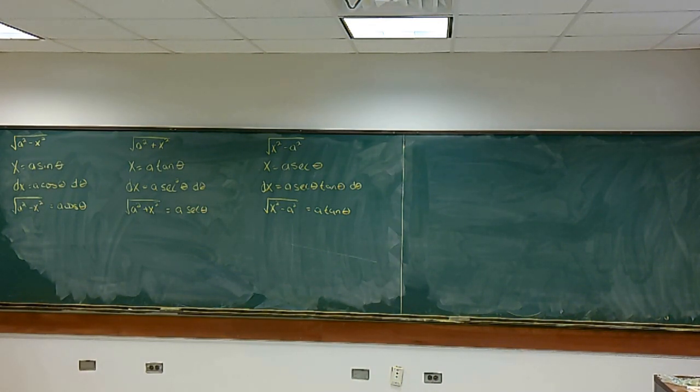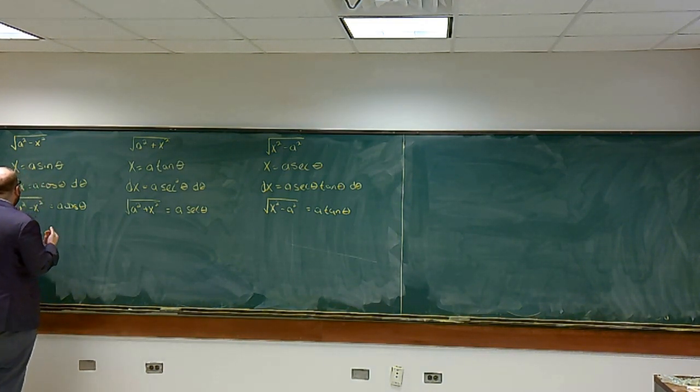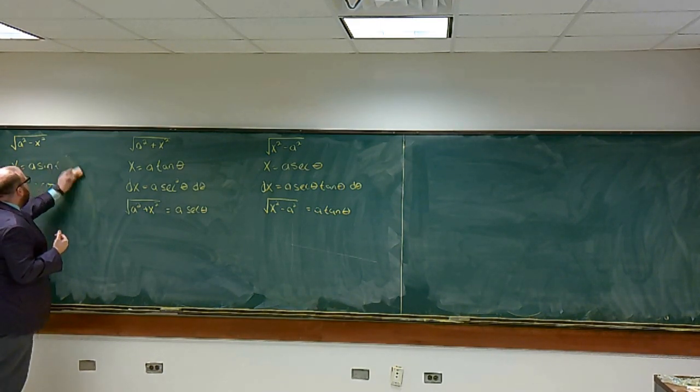That will typically give you an antiderivative with trig functions or inverse trig functions. You then have to back substitute, get it back into x, which can be tricky if you're not comfortable with trig.